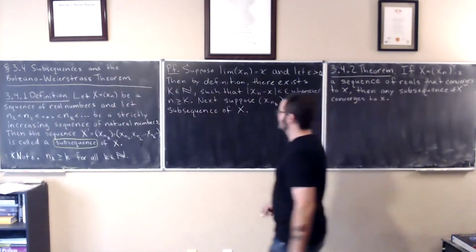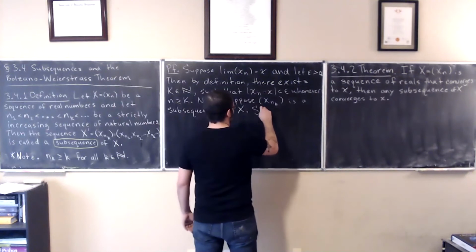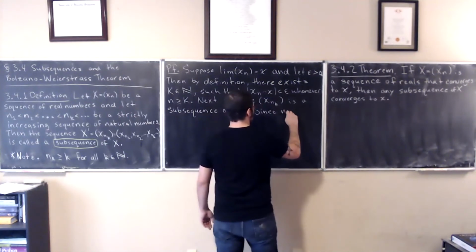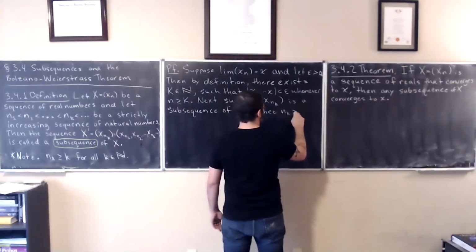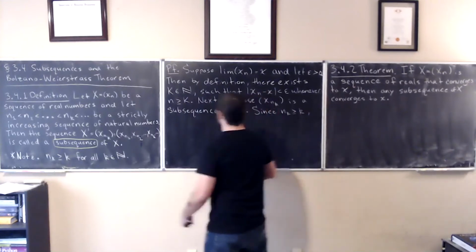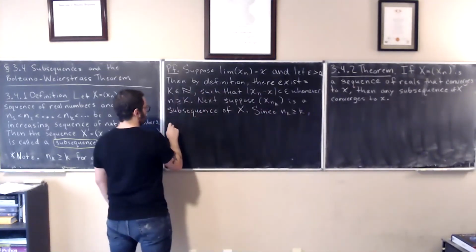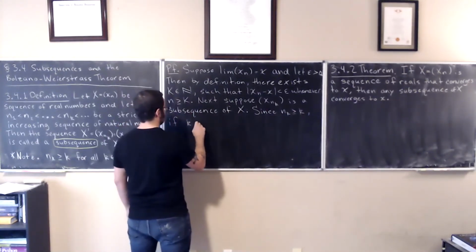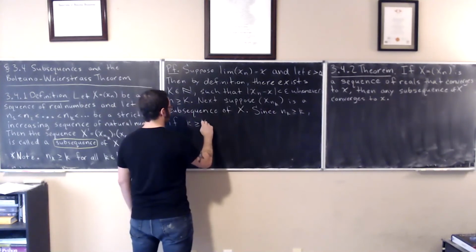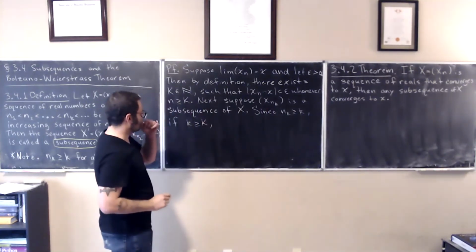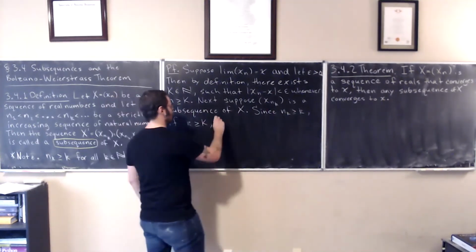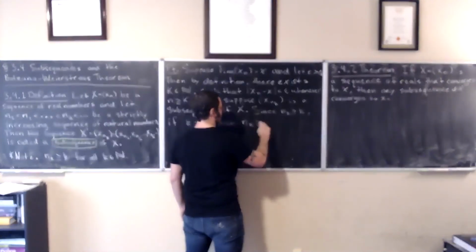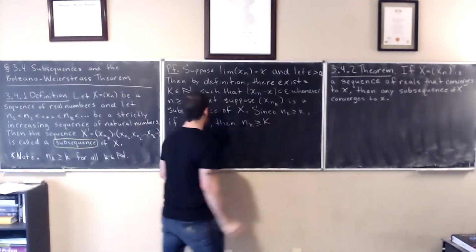Okay. So then we can say, since n sub k is greater than or equal to little k, if k is greater than or equal to capital K, then n sub k is also greater than or equal to capital K, right?